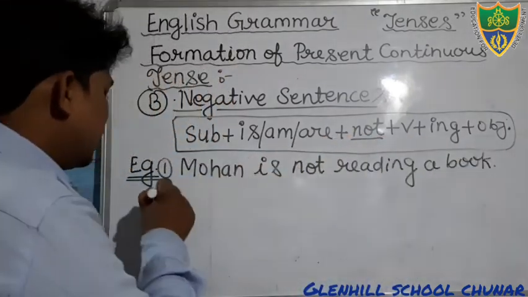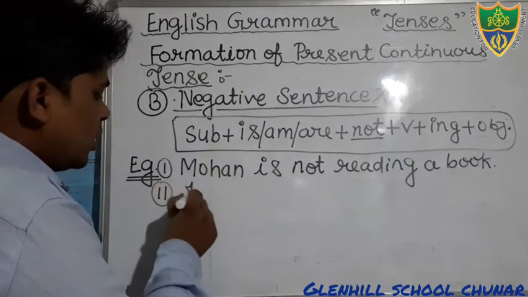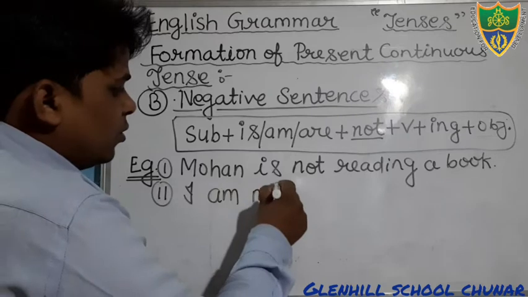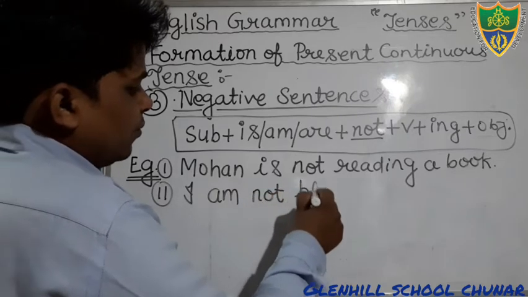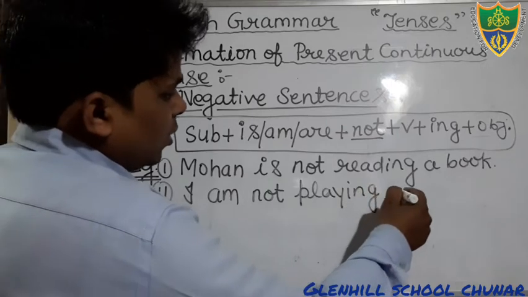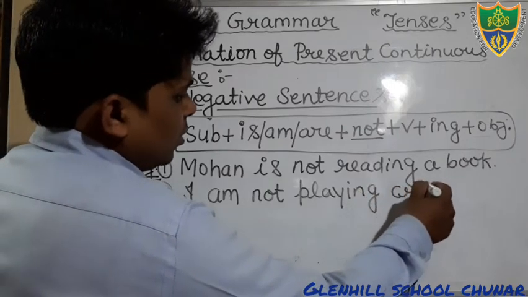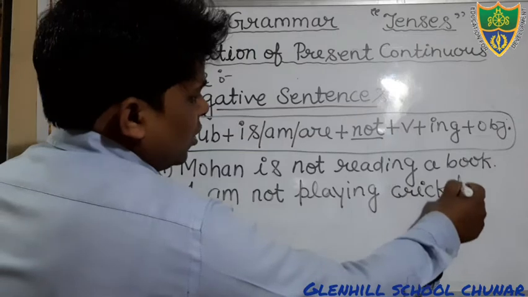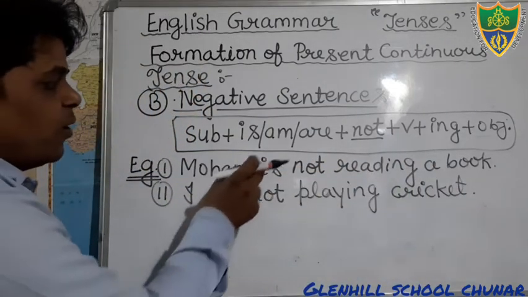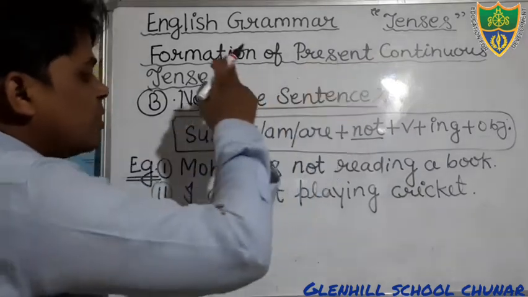One more sentence we can see. I is here. With I we will use am. I am not playing cricket. So just see here, with I we will always use the helping verb am in present continuous tense.